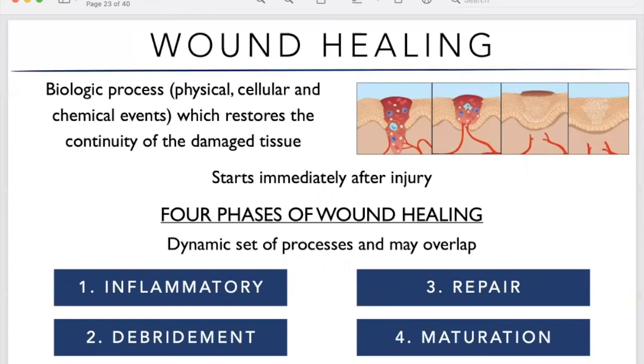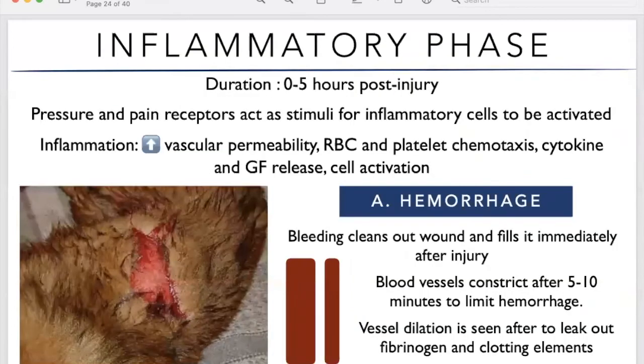Right? So number 1, the inflammatory phase. This starts from 0 to 5 hours post-injury. Ano ba yung nangyayari? The inflammatory cells from the entire body would be activated by the pressure and pain receptors, the baroreceptors, nociceptors, where the wound was inflicted. Okay, and they would lead to inflammation.